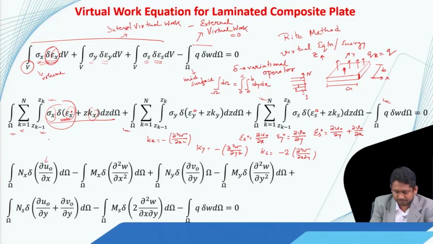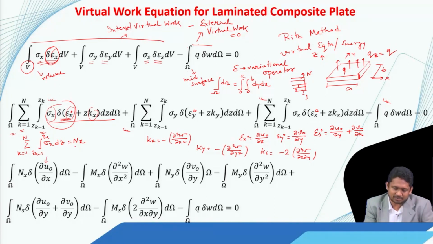So, from the definition, we sum from k equal to 1 to n over z k minus 1 to z k, and if we integrate sigma x dz, that gives me N x, and that is what is written here. So, we have evaluated this quantity and we write N x, and delta of epsilon x 0 comes as it is. The only thing is, in place of epsilon x 0 I have put its definition in terms of the derivative of u 0.